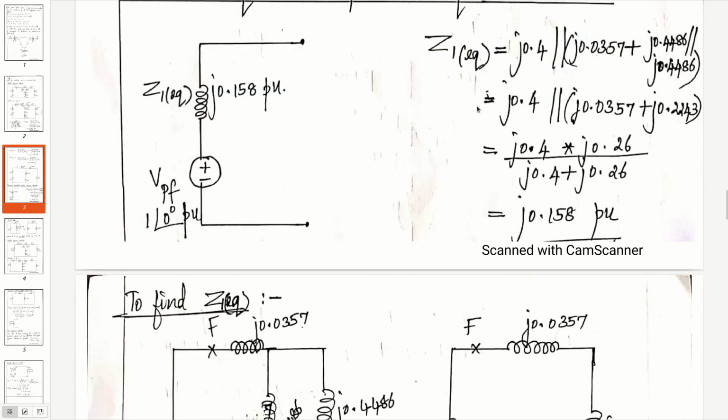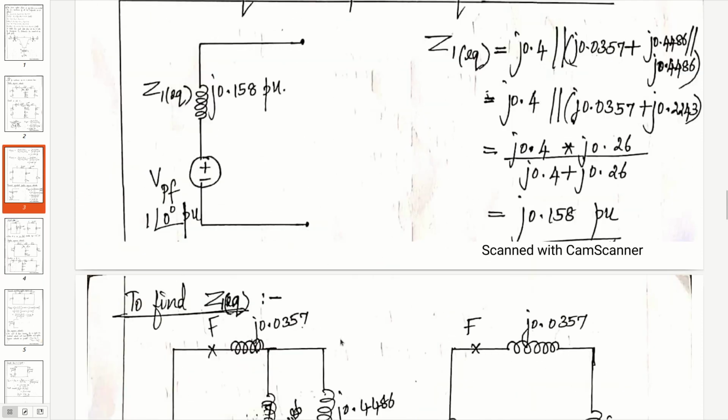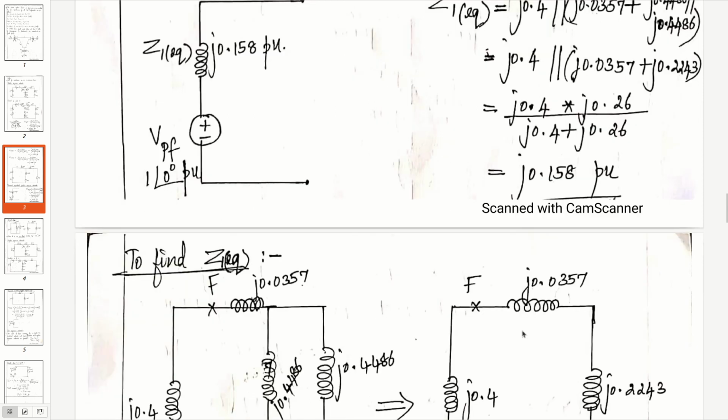I have drawn the circuit for finding Z1 equivalent. j0.4 is on the left hand side of the fault point. So we have j0.4486 and j0.4486 in parallel, and the parallel combination of these two is in series with j0.0357. As a result, we have found Z1 equivalent as j0.158 per unit. After the calculation, I have shown the equivalent circuit.